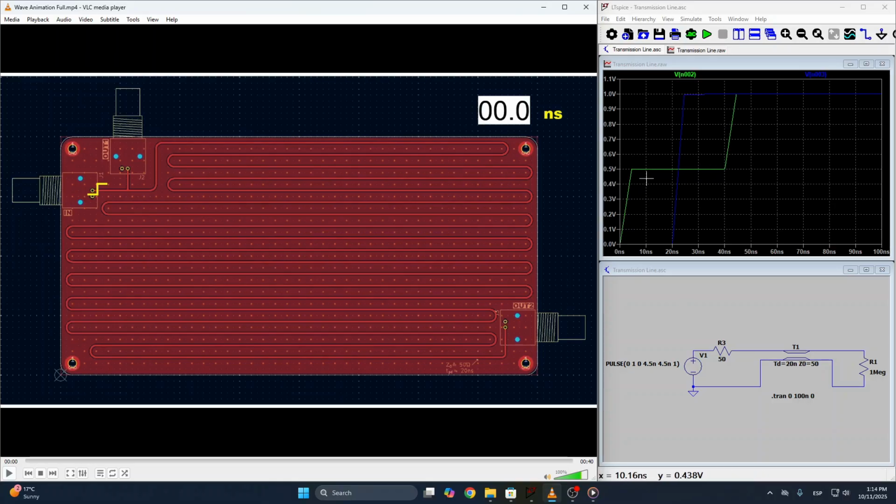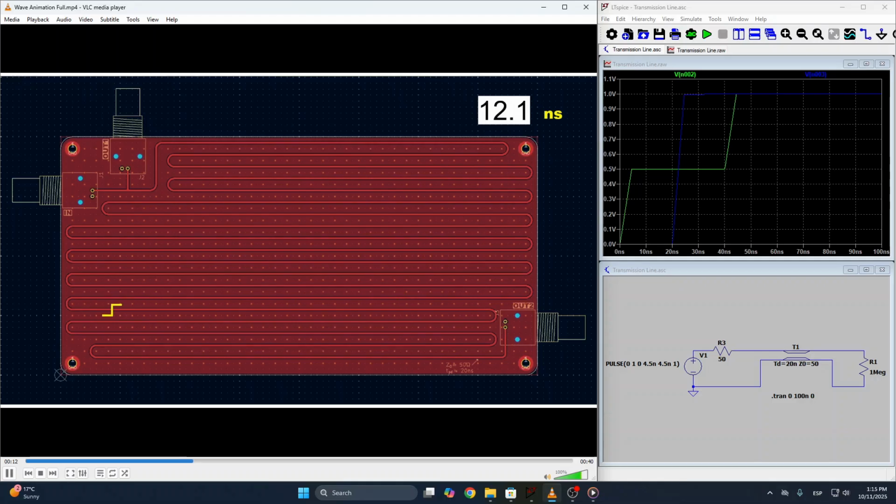Remember that this green line represents the voltage at this initial end of the transmission line, which on the board will be represented by the out1 connector. So let's play the animation and see what I just explained. The signal starts to propagate, and during this time it is only seeing the 50 ohm impedance of the trace.